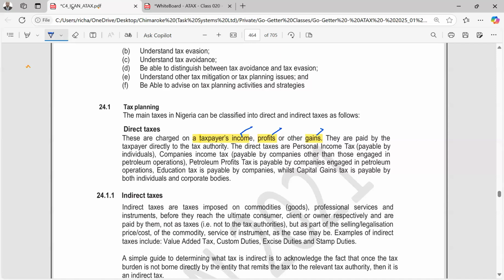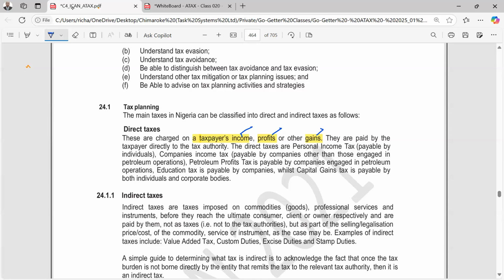So tax can be charged on your income, that's why you call it personal income tax. It can be charged on your profits, so petroleum profits tax. It can be charged on your gains.